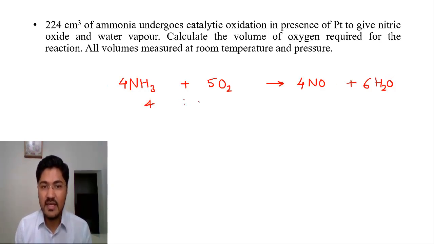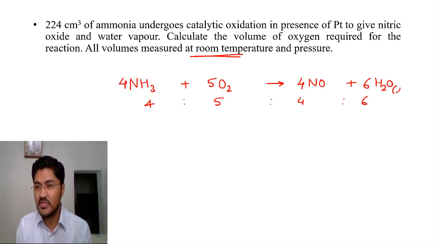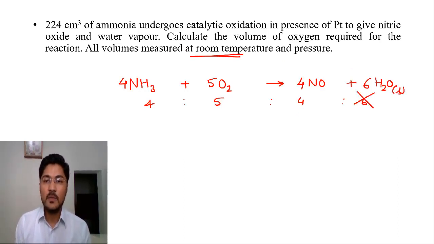Let's apply Gay-Lussac's law to this chemical equation. So we get 4:5:4:6. But one more thing that we have missed is that all volumes are measured at room temperature. At room temperature water will be liquid, and hence H2O cannot be considered.